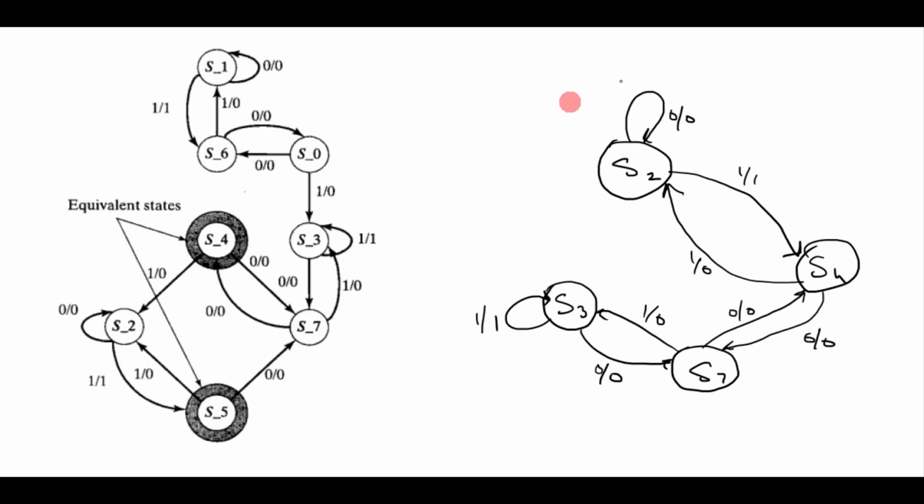If you compare this reduced state transition graph with the original state transition graph, which had 8 states, S0 to S7, we have only 4 states here. In the original state transition graph, you need at least 3 bits for state registers in your sequential machine, whereas here you require only 2 bits.